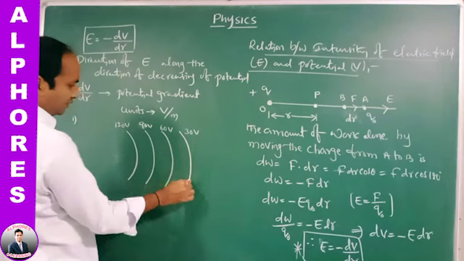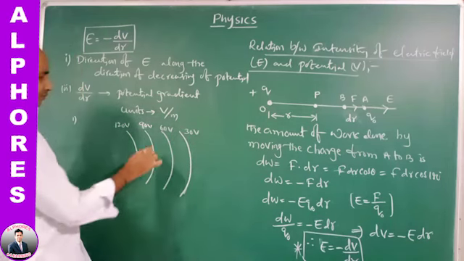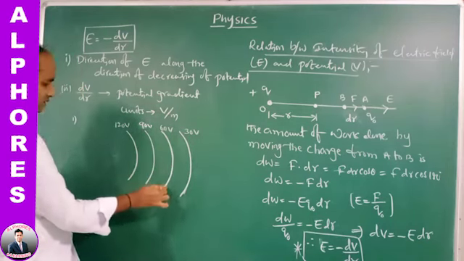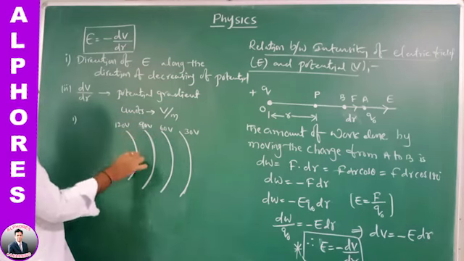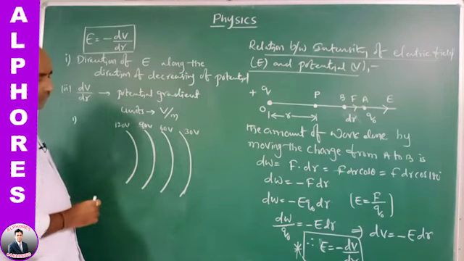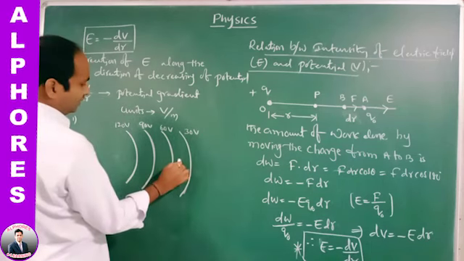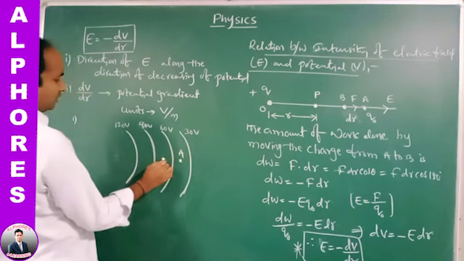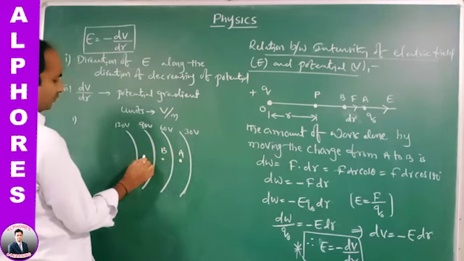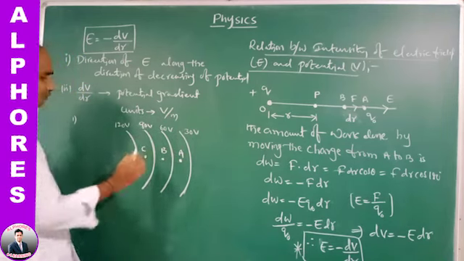On the first surface the potential value is 30, here it is 60, the third one is 90, and the fourth one is 120. Now 3 points will be given here. This is a point A, here this is a point B, and here it is a point C.